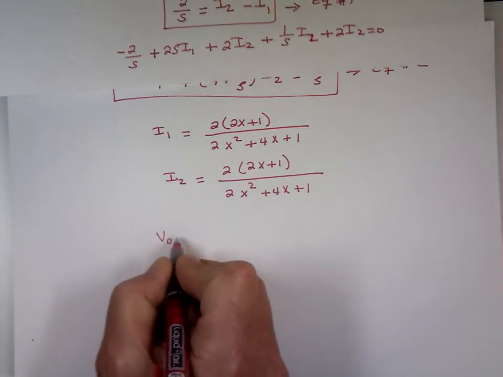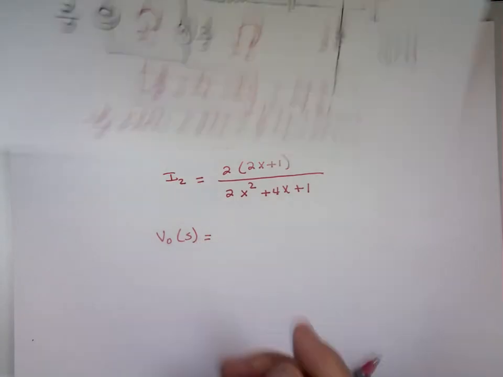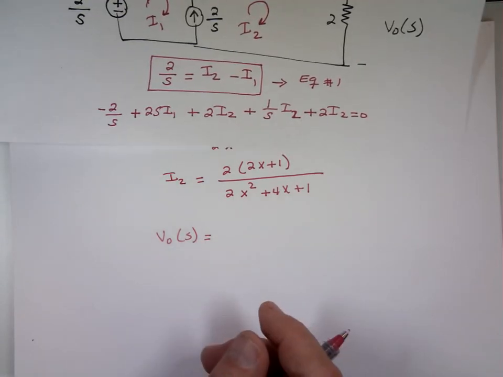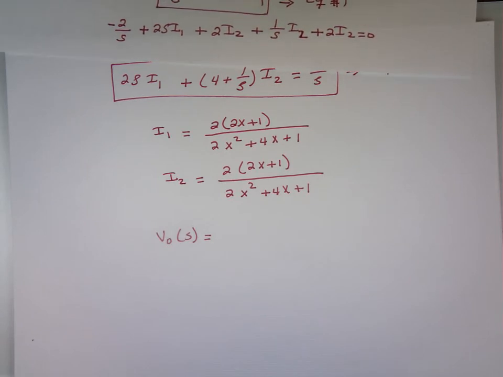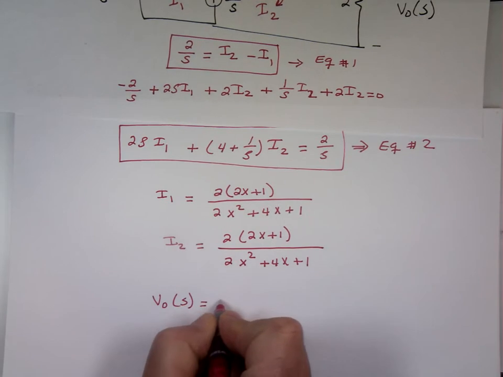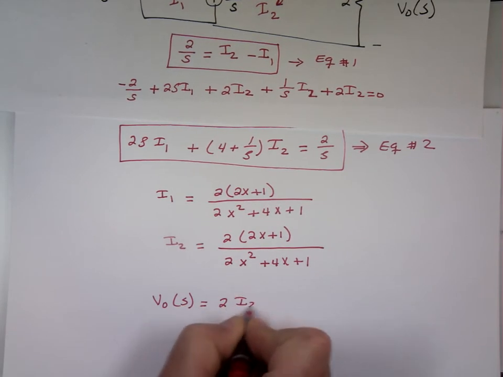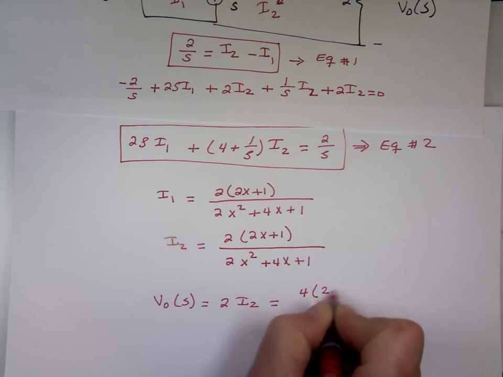V out as a function of S is equal to 2 times I sub 2, which is going to be 4 times 2x plus 1.